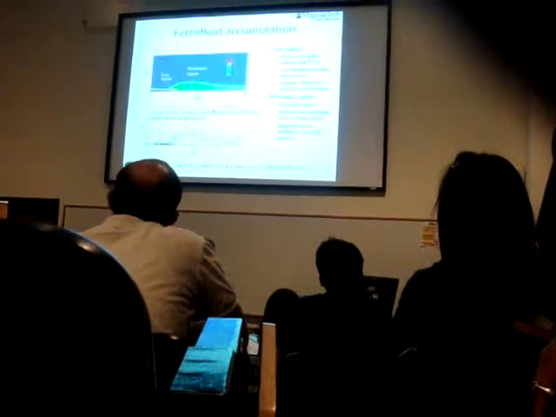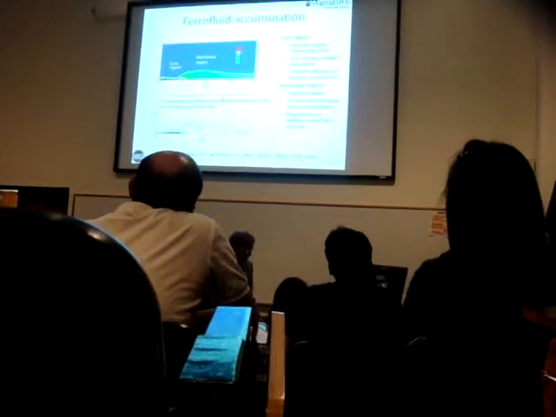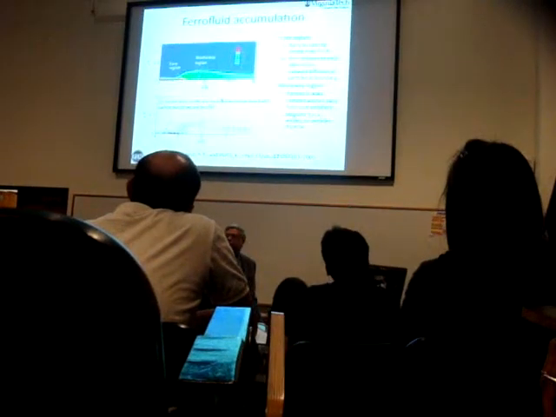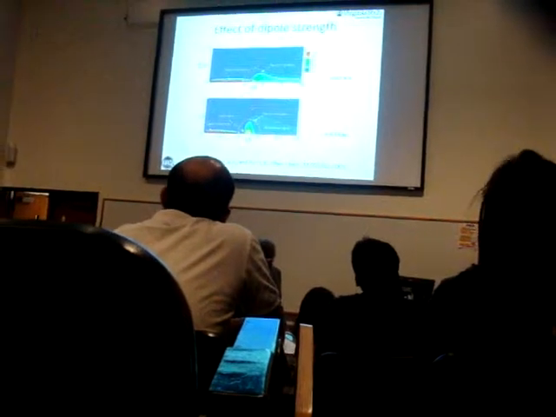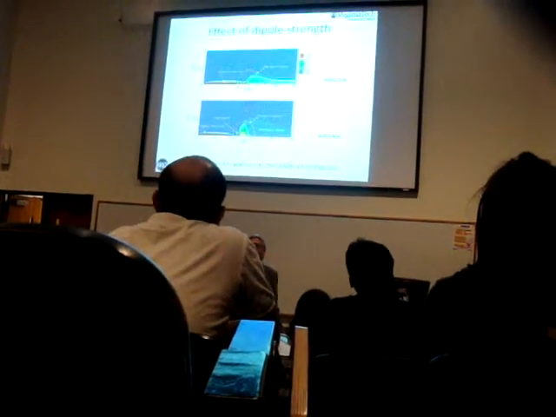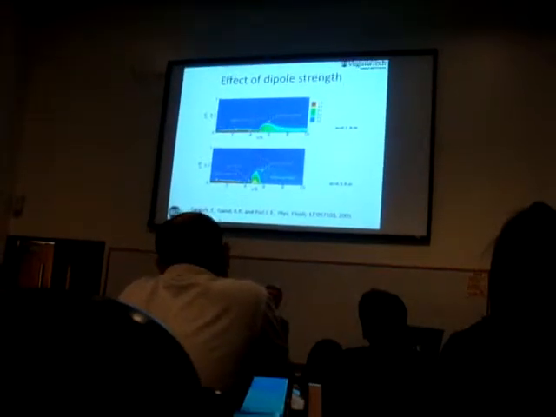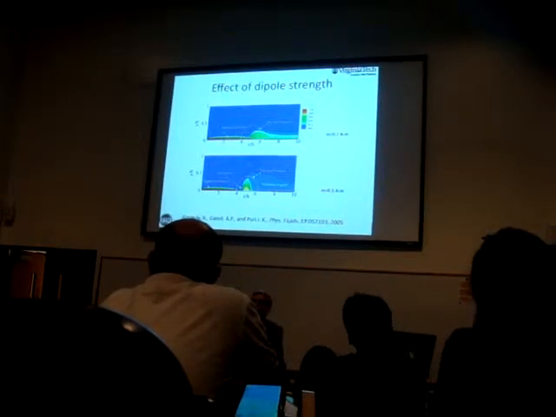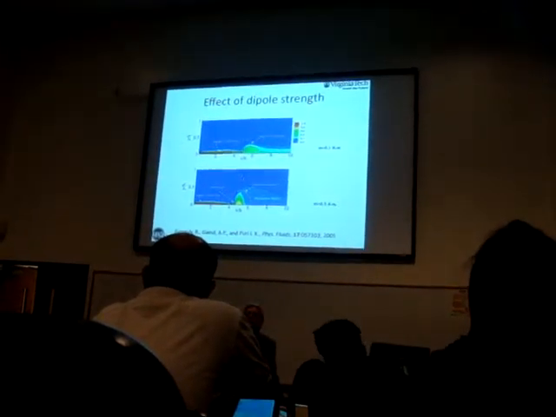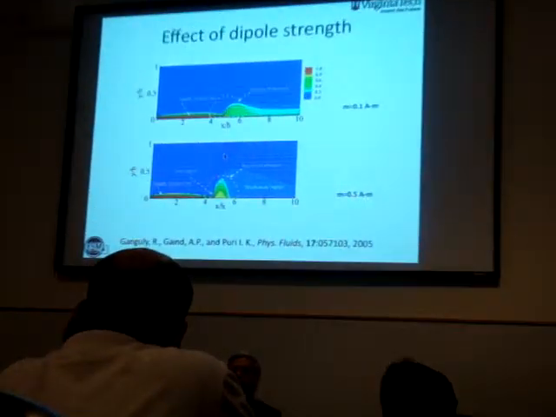So you can model these things, just sort of throwing that out there, which essentially confirms why the physical phenomena occurs. You can look at the effect of dipole strength, what happens when you increase the magnetic field, what happens when you decrease the magnetic field. But for you all, the takeaway line is, if you have big arteries, and let's say a stenosis in a big artery, then this is not a viable technique.